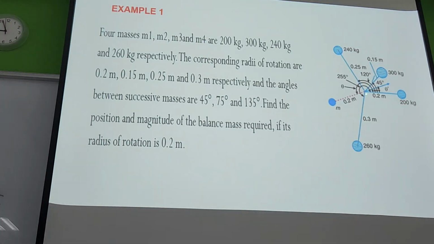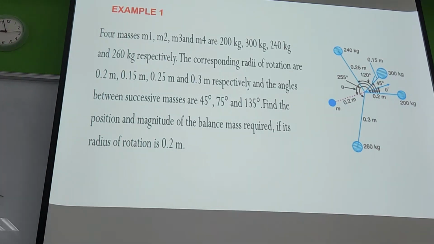Okay, so you have drawn the force now acting along mass M1. Now M2 is at an angle of 45 degrees. You can see the angle is 45 degrees.